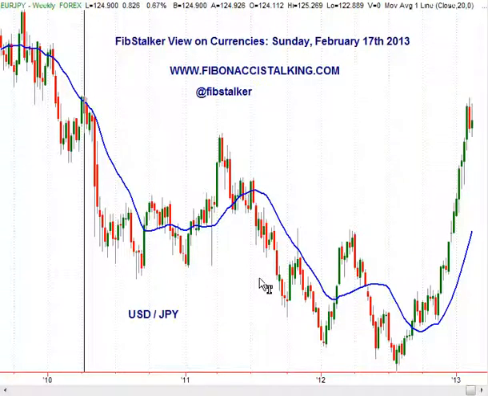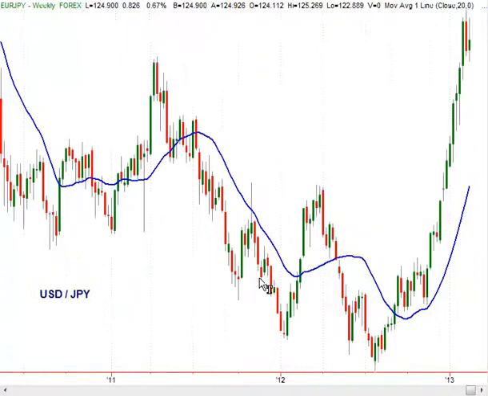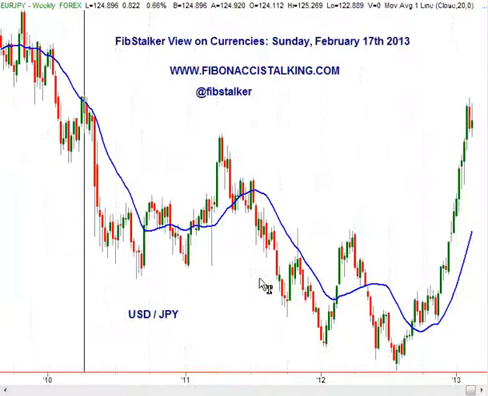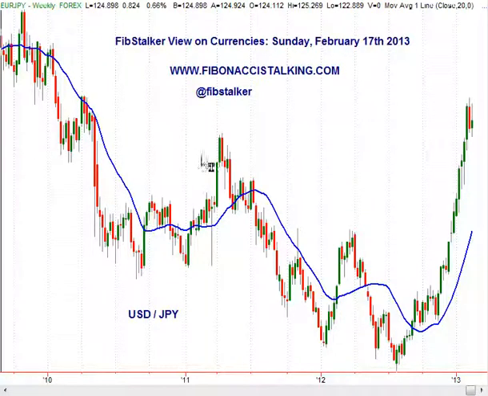There is a lot of talking these days about this pair, and the reason is that clearly the Bank of Japan is intervening in the market, trying to devalue the yen versus the US dollar, and that's what all the countries are trying to do, or a group of countries like the Eurozone are trying to do with different success.